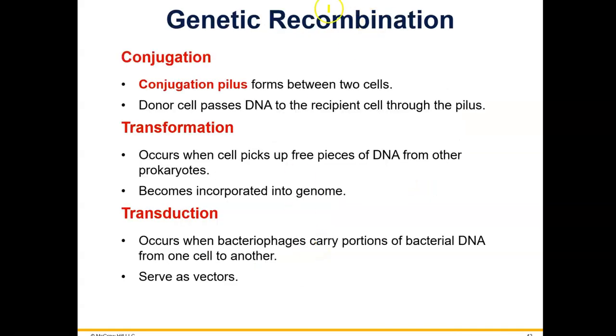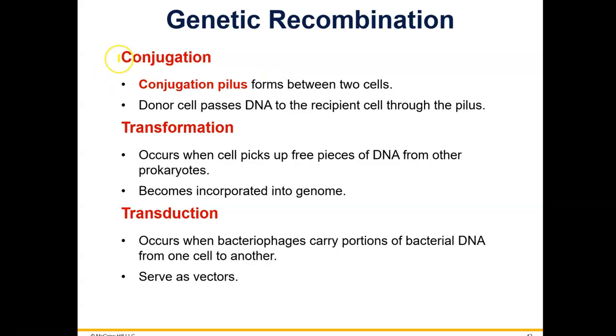The way prokaryotic cells get variety in their genes, we call genetic recombination. They don't technically reproduce sexually. There's not a male and a female where the male gives half and the female gives half of their DNA.